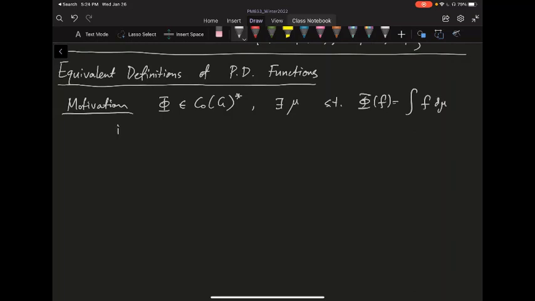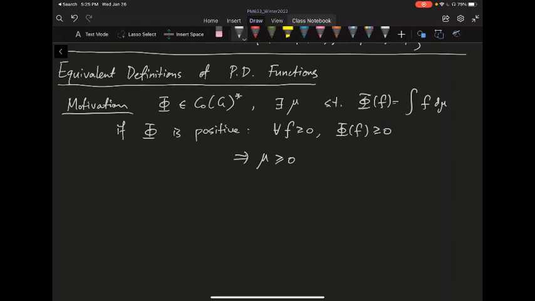And in particular, if your phi is positive, in the sense that for every positive f, phi of f is also positive, so if you feed in some non-negative C0 function and your functional always returns something non-negative, then the measure itself has to be non-negative. So you don't have a signed measure, but you always have a positive measure.